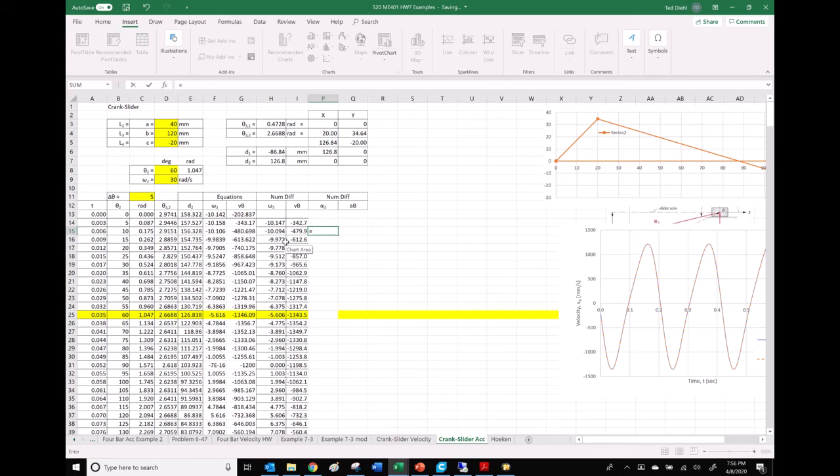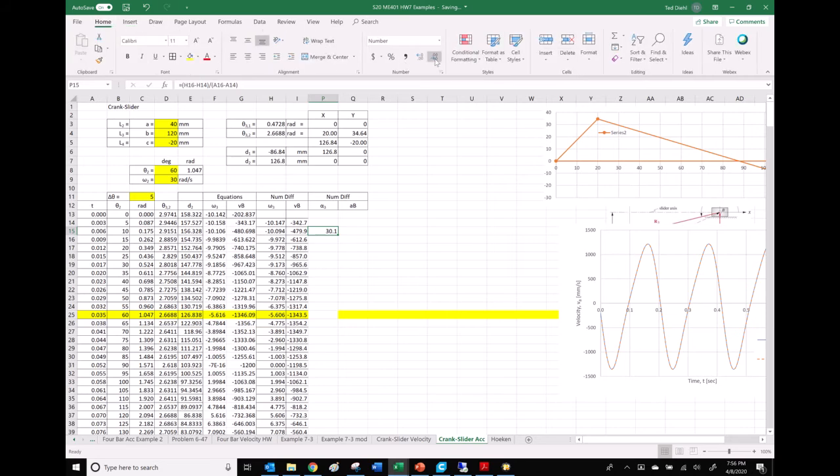Minus here, divided by parentheses, and take the time right here. Whoops, yep, I got it. Okay, good. And there. And we're left with this as our angular acceleration.